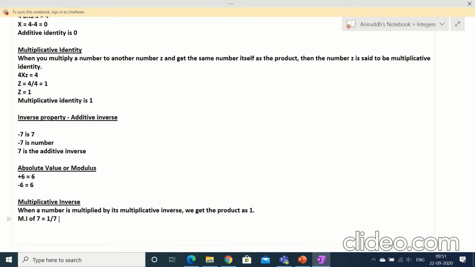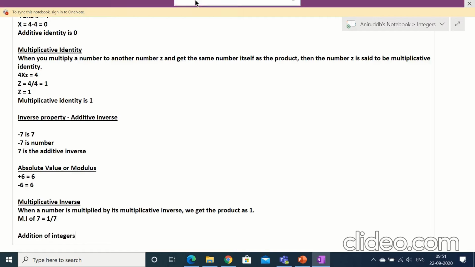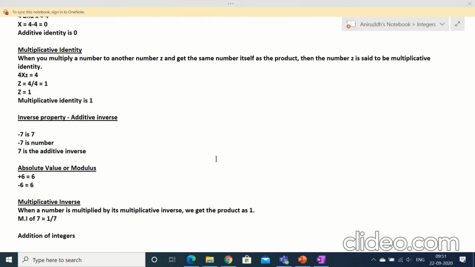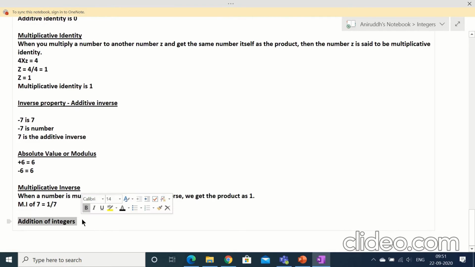So now we'll discuss addition of integers. For addition of integers, you need to follow certain steps. Now we'll discuss that.